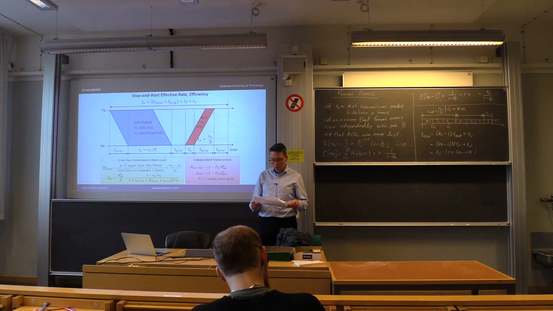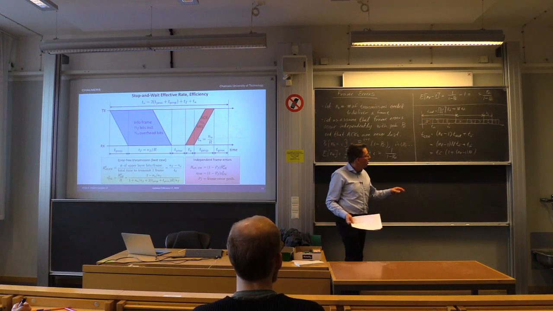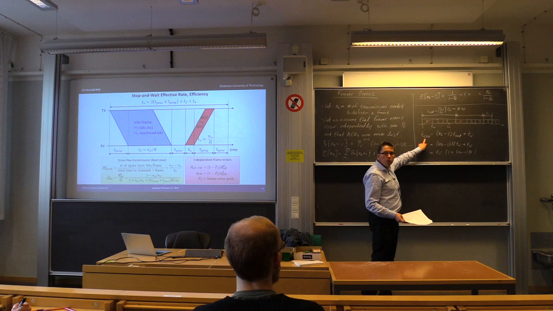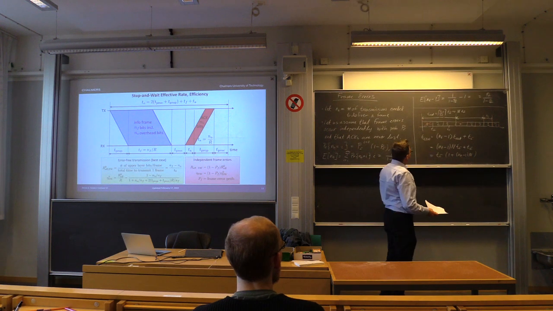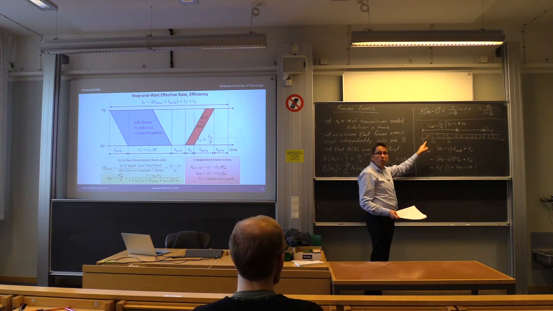Questions so far? Okay. So this is actually the tricky part, to figure out the time it takes to deliver a packet in go back n. And there are a few things that I sort of pushed under the rug here, because what I said here is that this assumes that no errors have occurred before I started to transmit packet number 1 here.